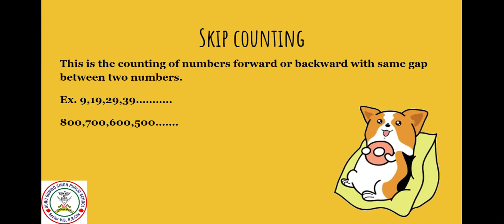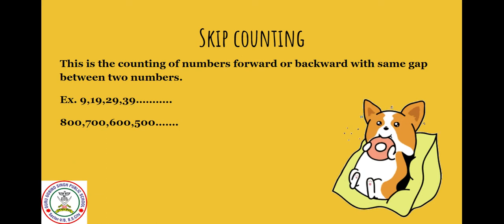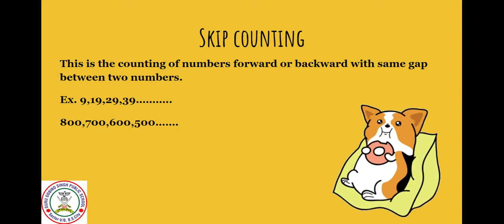Now we will start skip counting. In math, skip counting is defined as the method of counting forward or backward by numbers other than 1. To skip count, we must keep on adding or subtracting the same number each time to the previous number. Take for example 9, 19, 29, 39, and so on.